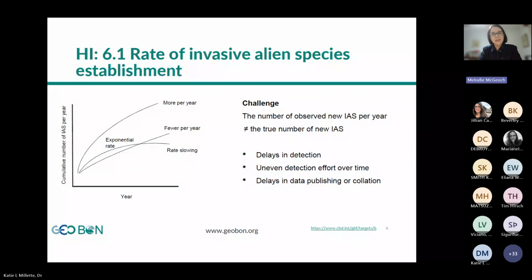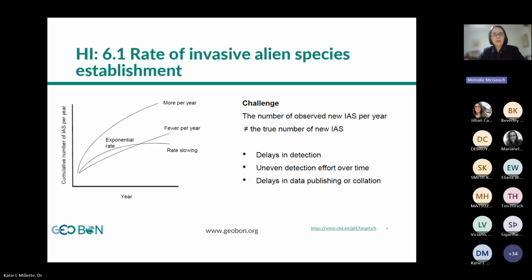Now, jumping into the specifics of the rate of invasive alien species establishment, and just to step back for one moment, what I'll do in this presentation is explain what the rate of invasive alien species establishment is. I'll then have a look at some of the challenges to producing such an indicator. I'll then talk about some of the solutions and the data needed to express this particular indicator.